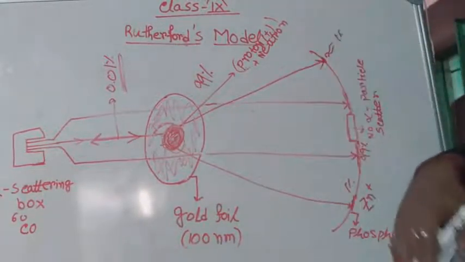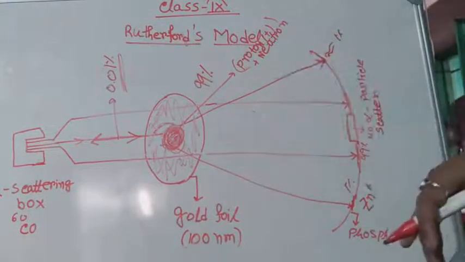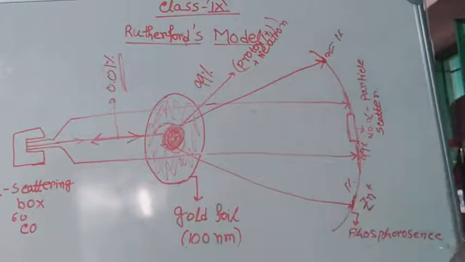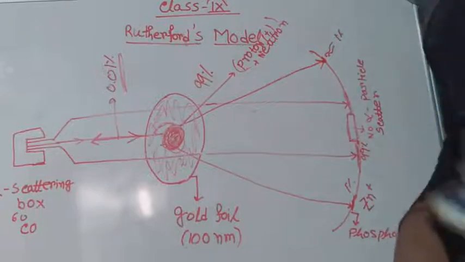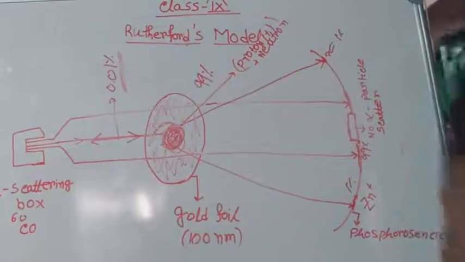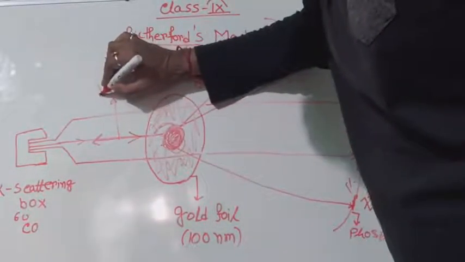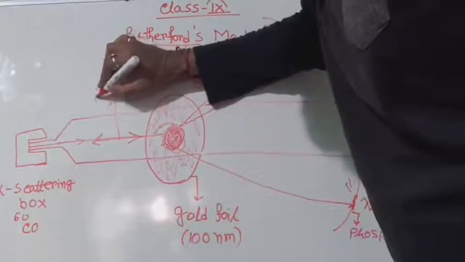And the third point, very few of the alpha particles were deflected. That is, only a few alpha particles had nearly a 180-degree angle of deviation. That means very few, about 0.01% of alpha particles. It is not an accurate figure, it is an approximate value.